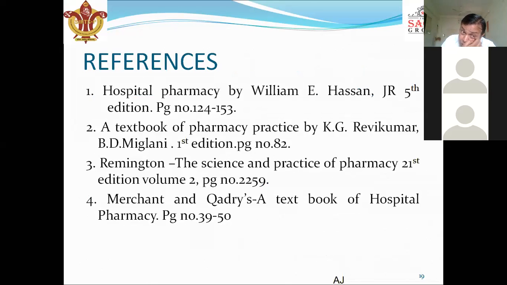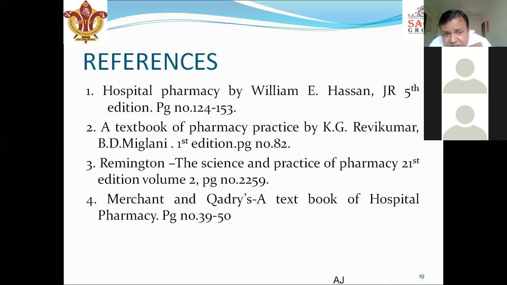So these are some information regarding the hospital formulary. Some references you can go for to read more about the hospital formulary. One very important book is Hospital Pharmacy by William E. Hassan, that is available in our library. One copy is there in the reference section. You can refer to that book.